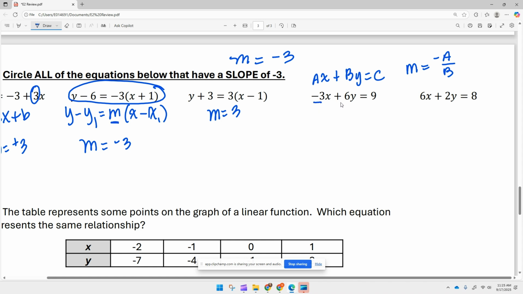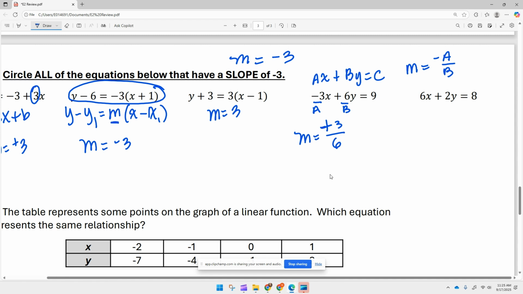So that means your a term is always in front of the x, your b term is always in front of the y. So that means our slope of this one is going to be -3/-6. A negative and a negative become a positive. This is going back to that the formula has a negative value. So when you put it in the formula, it's always going to be opposite sign.